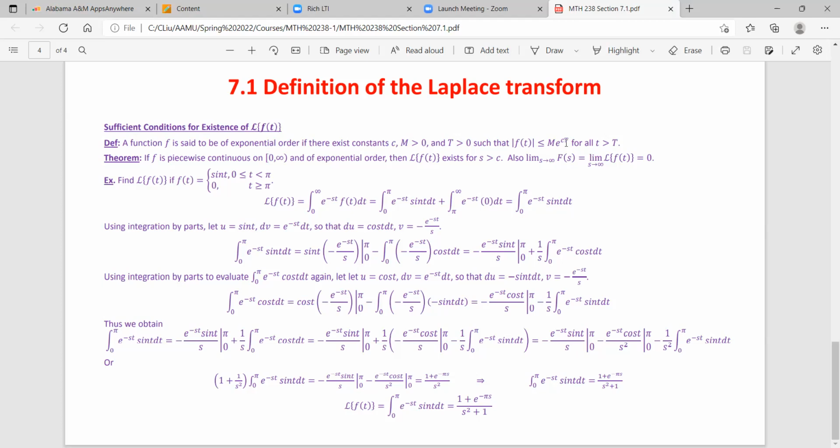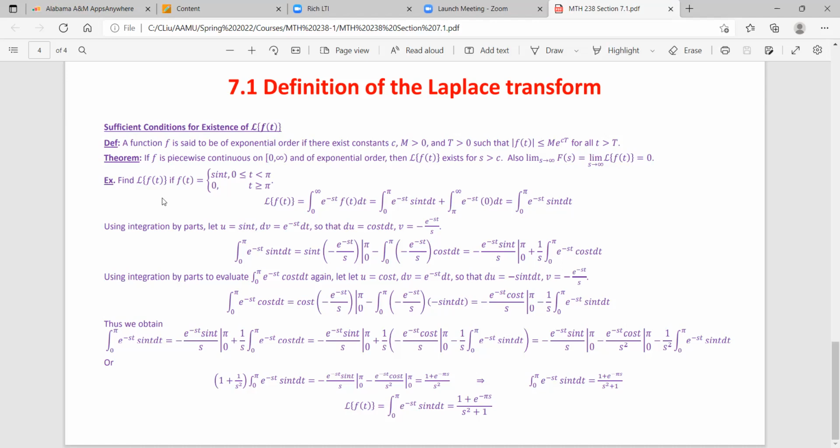It is bounded by this exponential function. Again, this should be small t, not capital T. So based on this definition, if we know f is of exponential order, then the Laplace transform of the function f will exist.